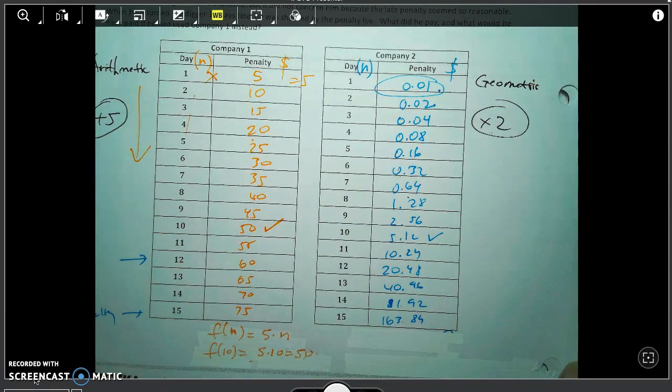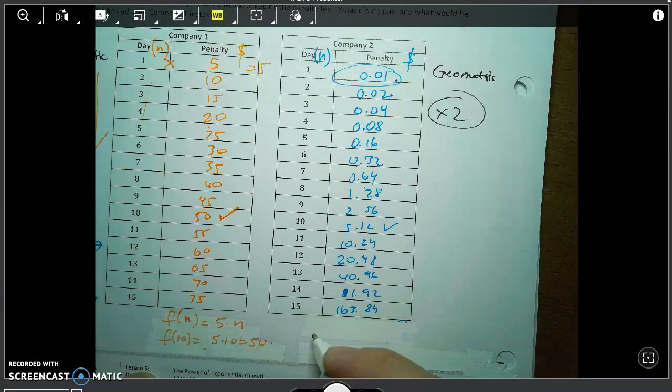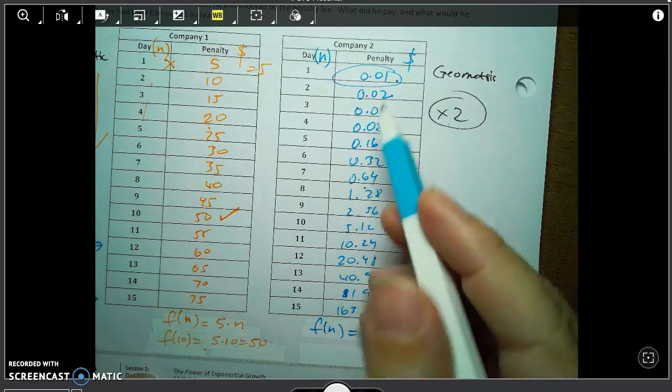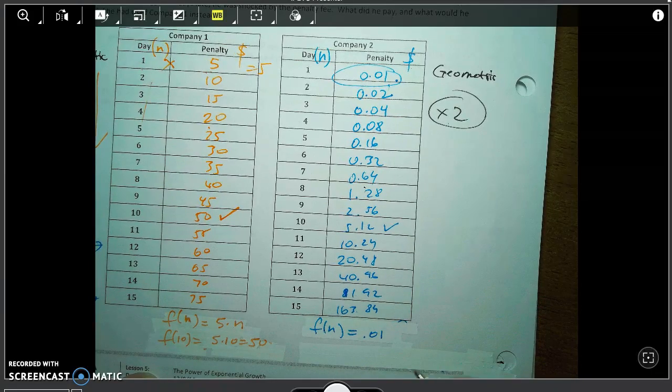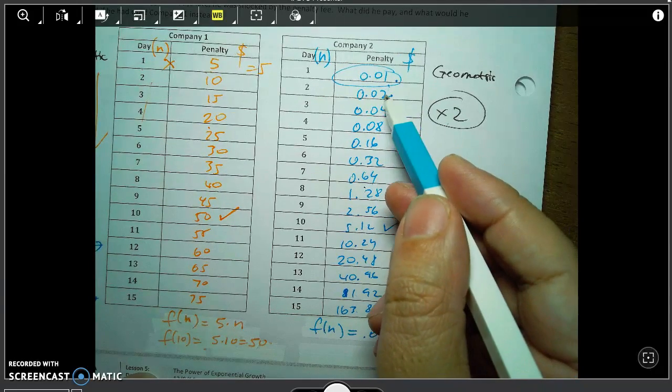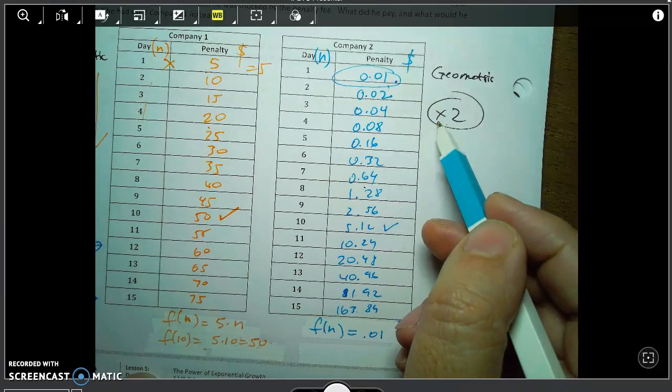Okay, so let's go on to the next one. It's a bit more complicated, but we're going to use f of n again, and we're going to start with our initial penalty, which is 0.01. So we know that each one of these is multiplied by 2.